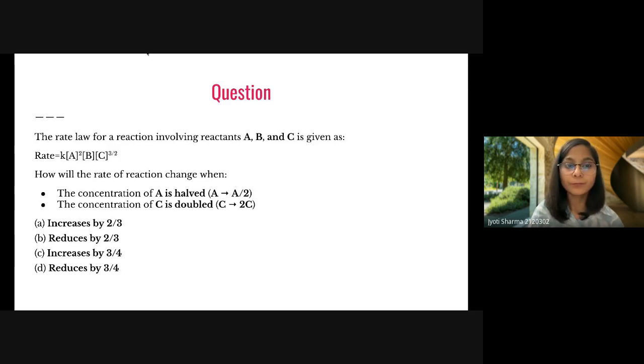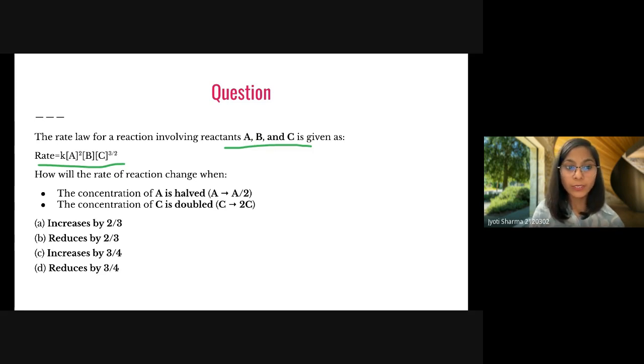Okay. The next question is, the rate law is given involving three reactants A, B, and C. This rate is equal to K, that is the rate constant, multiplied by the concentration of A raised to power 2, concentration of B, and concentration of C raised to power 3 by 2.